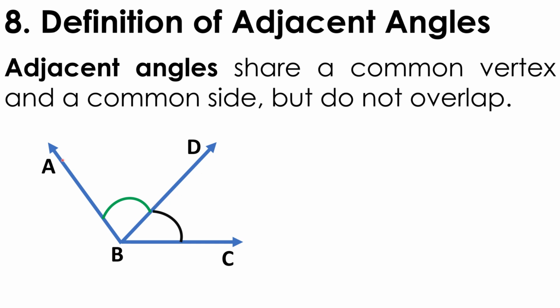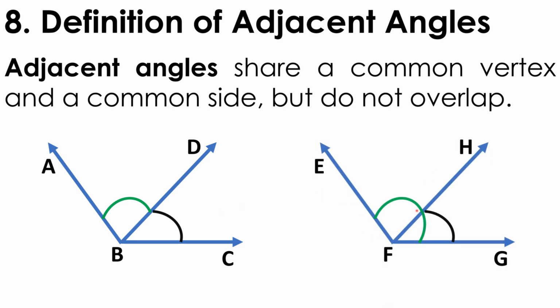The interiors of angle ABD, this one in green, do not intersect with the interiors of angle CBD, this one in black, and these two angles have no interior points in common. That is why these two angles are adjacent angles.